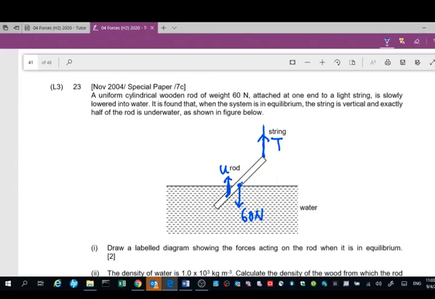Now, if you measure horizontally the length from here to here, if I call this L, now the weight will be halfway from there, right? Because the weight is exactly at the CG. So if from one end to the other end horizontally is L, then in the horizontal direction from the string to the weight, the center of mass will be L over 2.